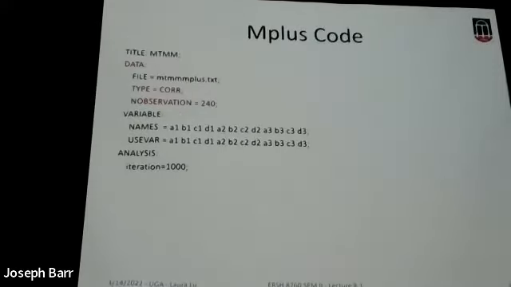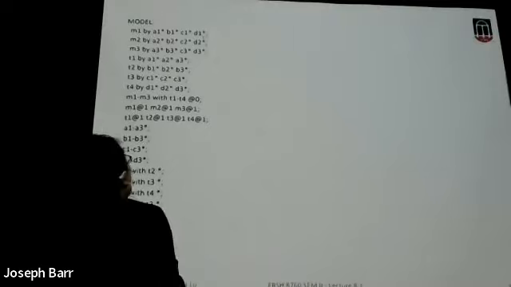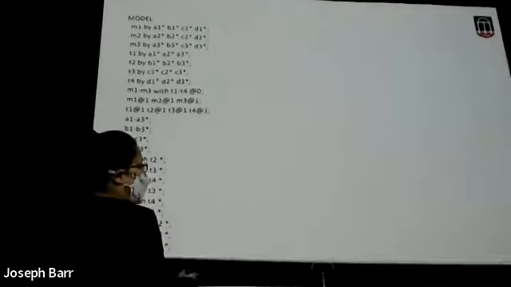Finally, we have model. So that's not the end of the code. What's your model? This is a model. It looks pretty, but let's try to understand what it means. Model: M1 by A1, B1, C1, D1. What does that mean? That means M1 is a latent variable.